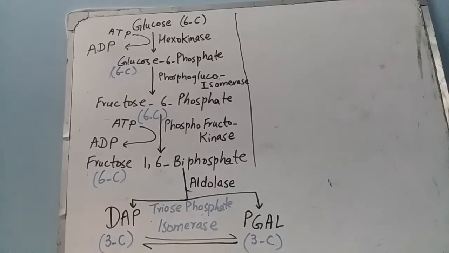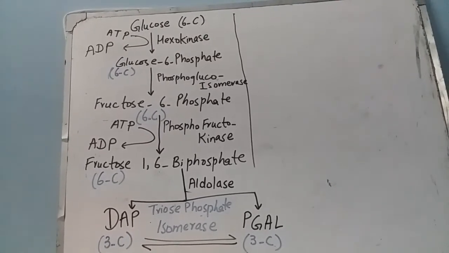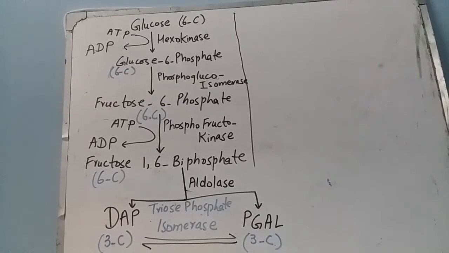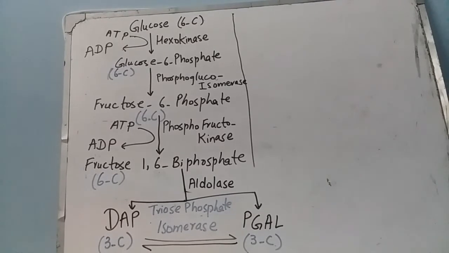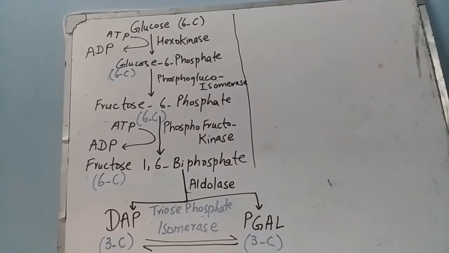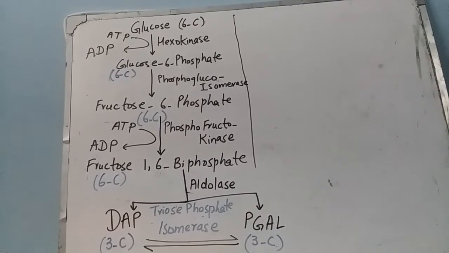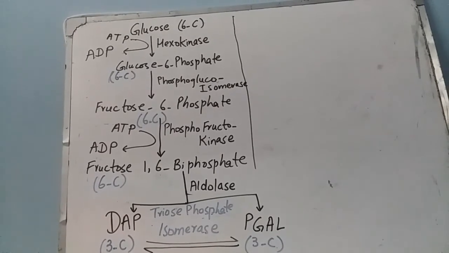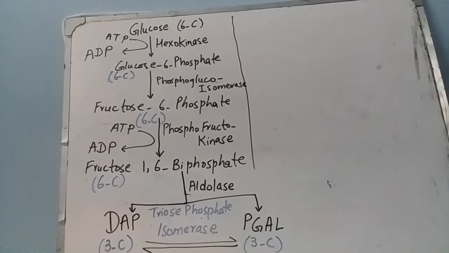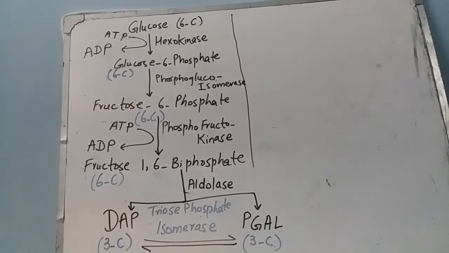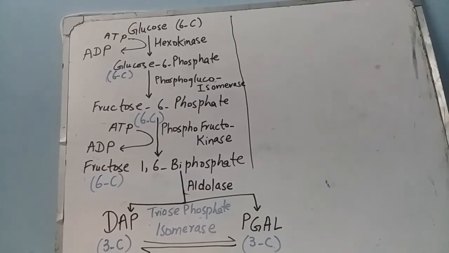The enzyme here is triose phosphate isomerase. With the help of this enzyme, in the next step the DAP will be converted into PGAL. So now we have two molecules of PGAL, which is phosphoglyceraldehyde.